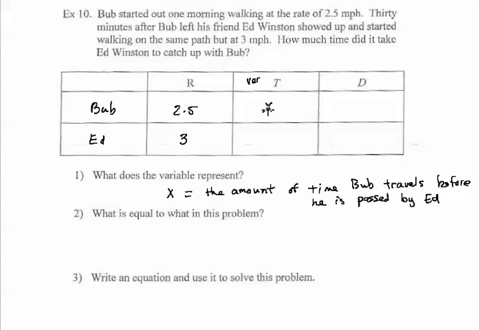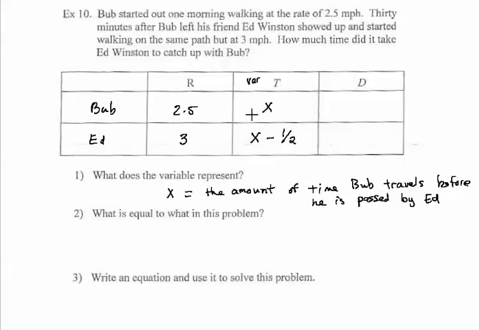Now, if Bub has traveled X hours, then according to Bub, Ed started 30 minutes later. And so by the time they meet, the time that Ed walked will be a half hour less than the time that Bub traveled. So X minus a half. Okay, so we were just given the numbers for one column.